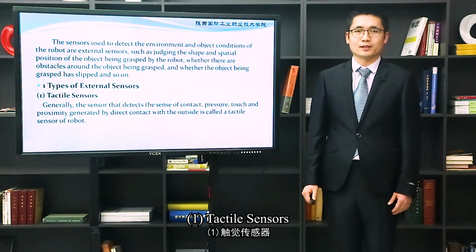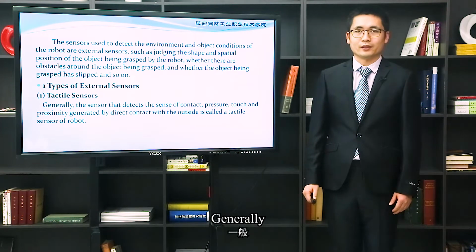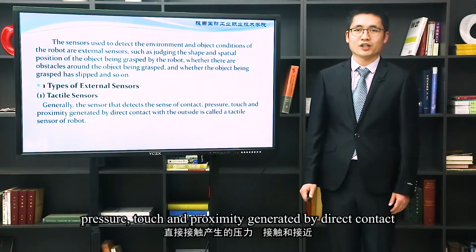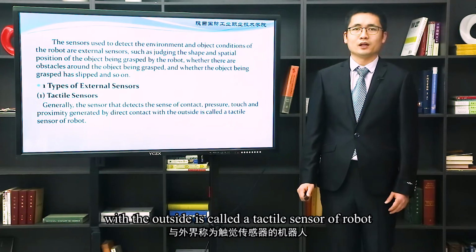First, tactile sensors. Generally, the sensor that detects the sense of contact, pressure, touch, and proximity generated by direct contact with the outside is called the tactile sensor of the robot.